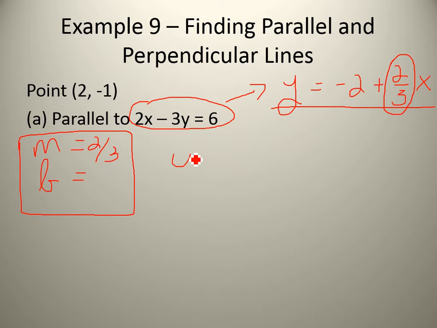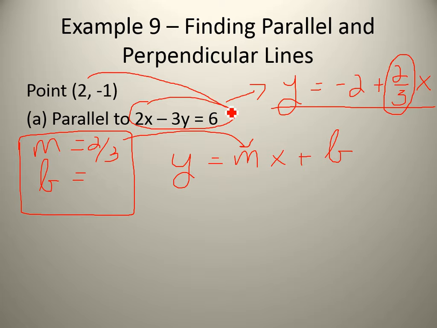So in order to do that, I'm going to go to y equals mx plus b. And now this is going to look very similar to what we did yesterday with finding the y-intercept. So I'm now going to substitute some values in here. So I'm going to put a 2/3 in for m. I'm going to put this 2 here, I'm going to put that in for x. And then I'm going to take this negative y and I'm going to put that in here.